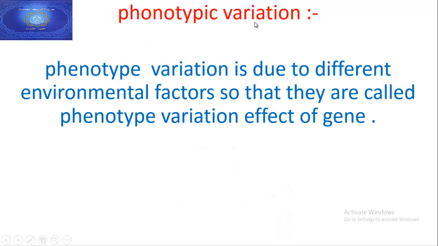The second way for variation to appear is phenotypic variation. That means phenotype variation that happens due to different environmental factors. Environmental factors mean everything from our environment surrounding us, such as the sun, heat, and the temperature in your country.